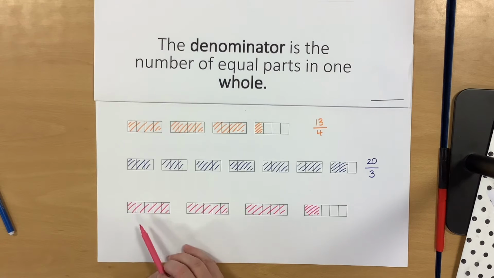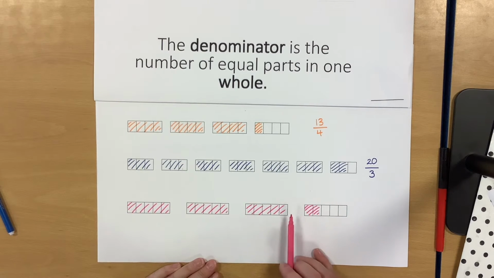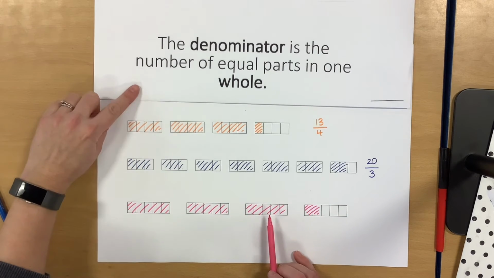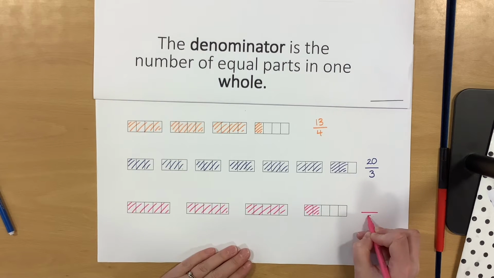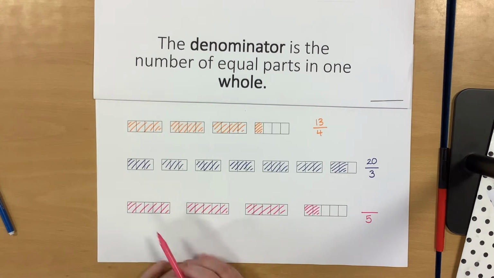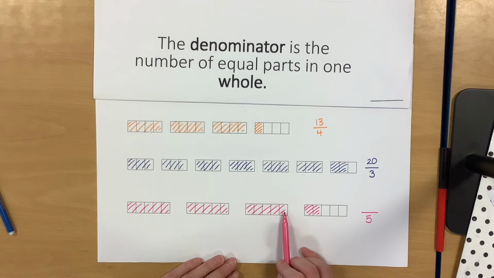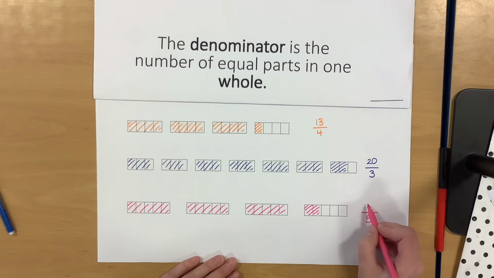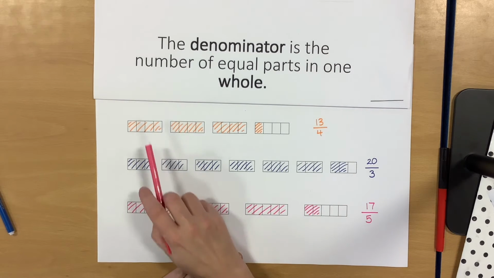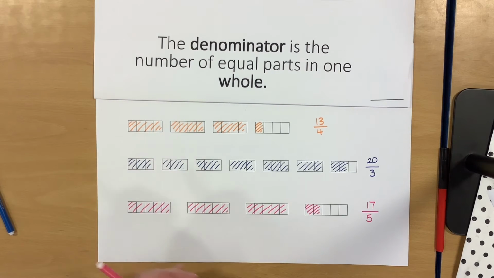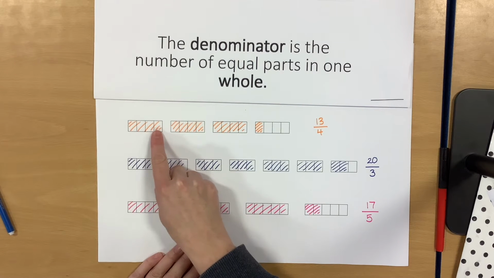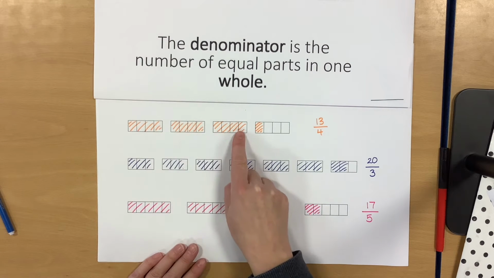But today we're writing it like this. And the pink one. Our denominator, our number of equal parts in one whole, is 5. Okay, and I've got 5, 10, 15, 16, 17 fifths. Now you may have spotted that when I was doing this one, I ended up counting in 4s because I had 4, 8, 12.